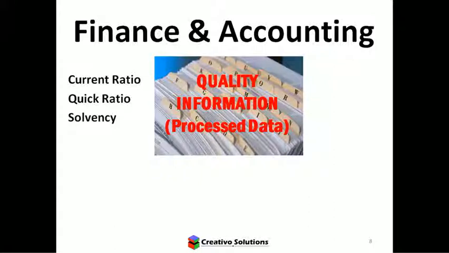So ratios like the current ratio, the quick ratio, or ratios around solvency can assist us with making certain decisions. We can also look at other areas such as profitability, maybe leverage, or the return on equity or return on assets. So there are many different ratios that we can make use of whereby we're taking the information and we're analyzing it further.